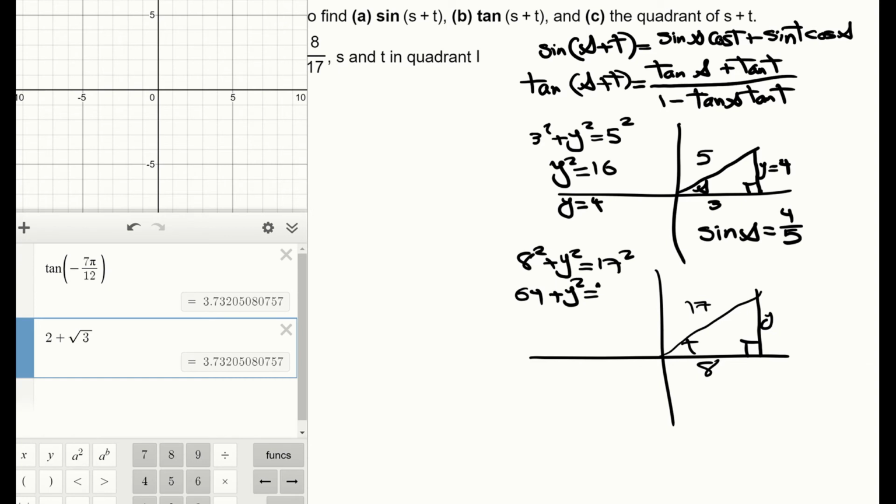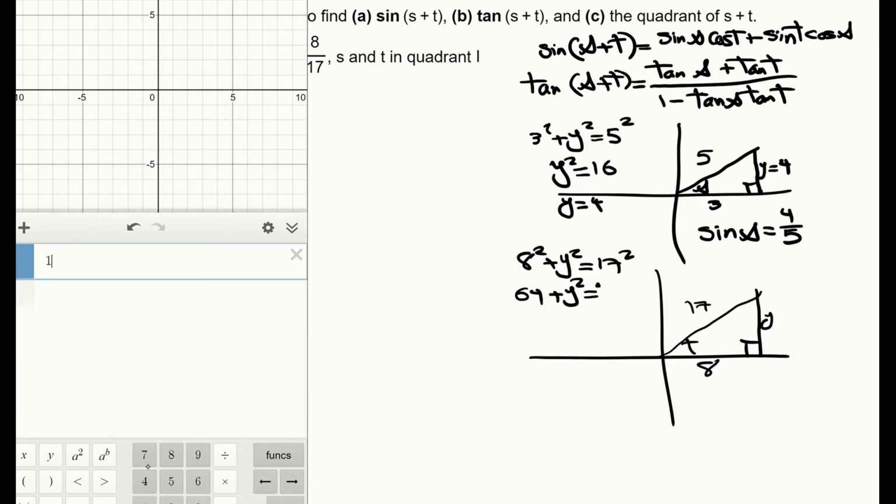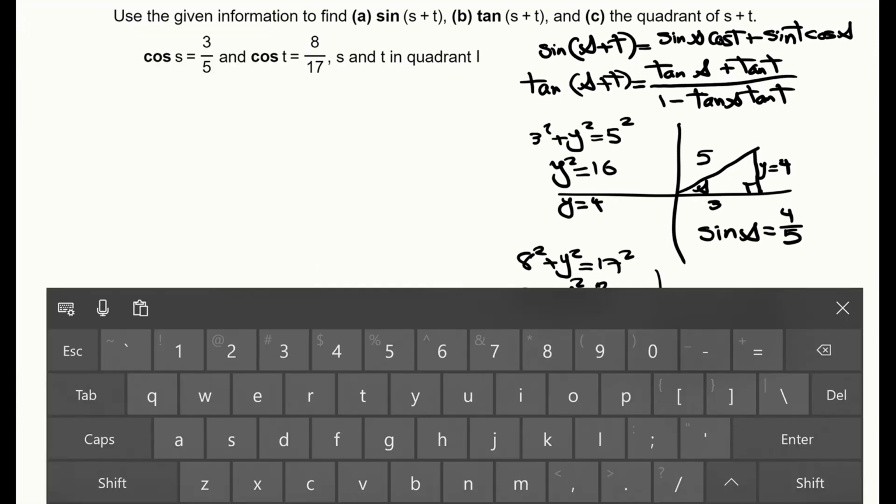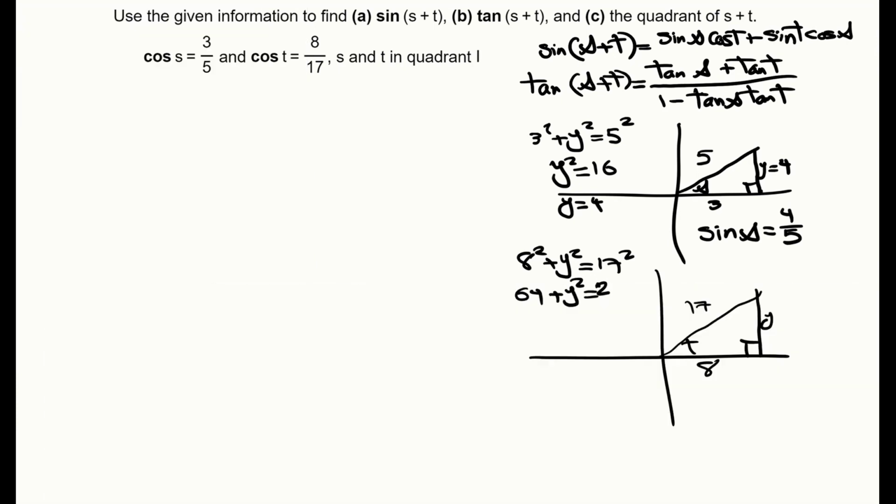So we're doing 17 squared. I believe that's 289. Let me go ahead and clear these. So 17 squared. Yes, 289. So we get y squared equals 289 minus 64.